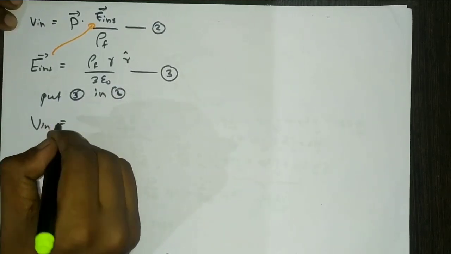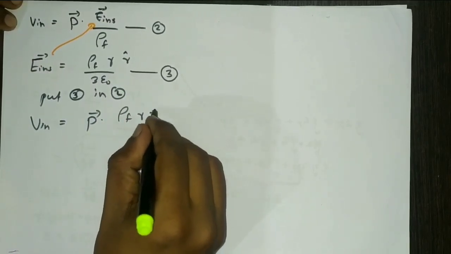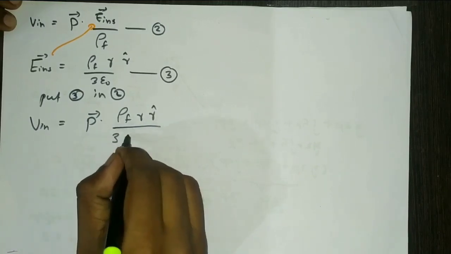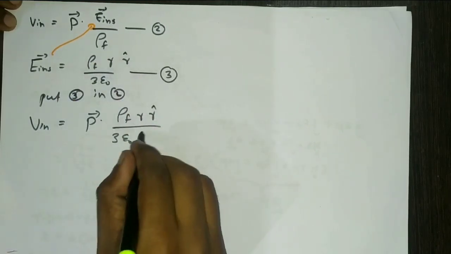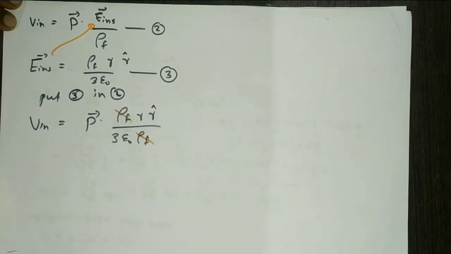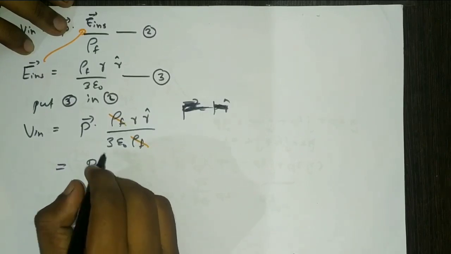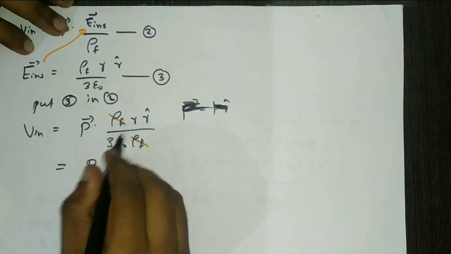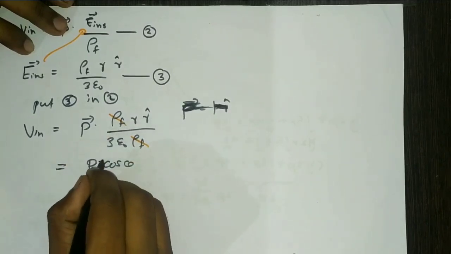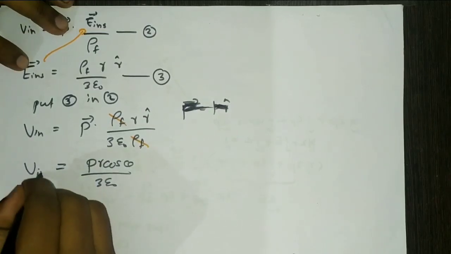Therefore, V inside can be written as P dot rho f r cap divided by 3 epsilon 0 rho f. This rho f gets cancelled. This can be written as P, and the dot product can be replaced by cos theta, so P r cos theta divided by 3 epsilon 0. This is V inside.